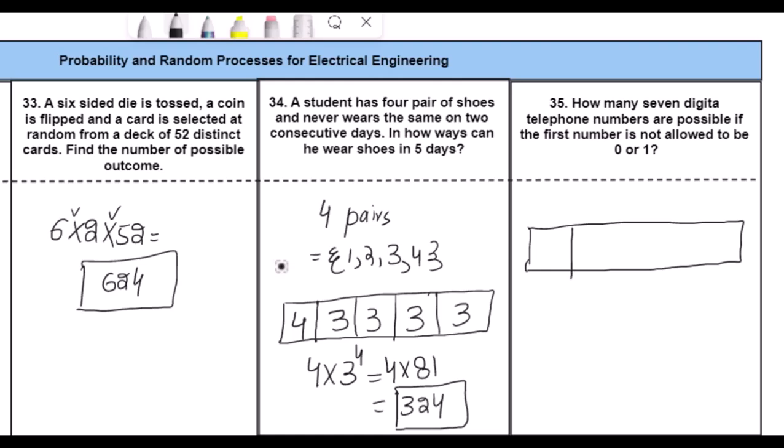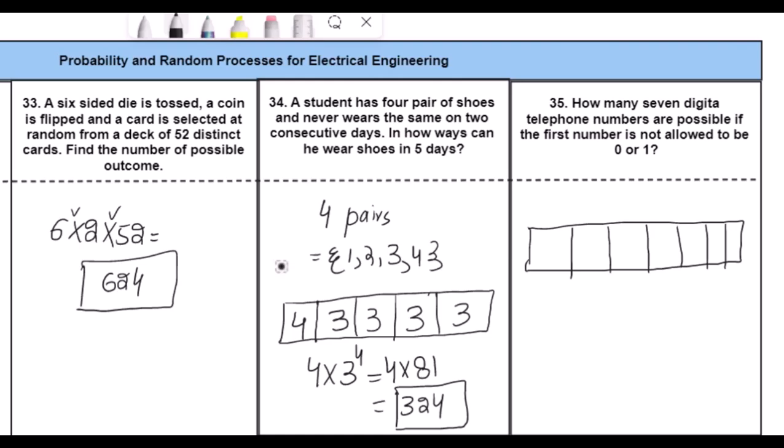So again, dividing into 7 possible slots, 1 2 3 4 5 6 and 7. Initially in the first place, how many numbers do I have? I will have 0 to 9, 10 digits here, but in the first place it will not include 0 or 1.